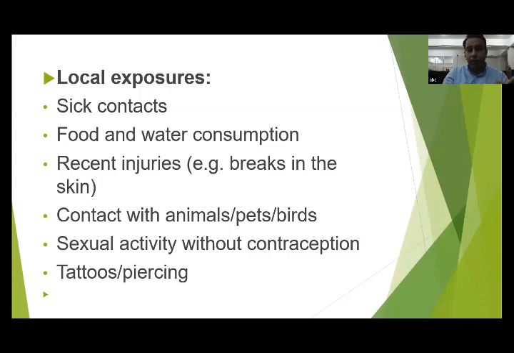Contact with animals, birds and pets. All this comes under your habits history. Take this history very deeply. Sexual activities: the patient may have traveled to high-risk areas and got STDs.